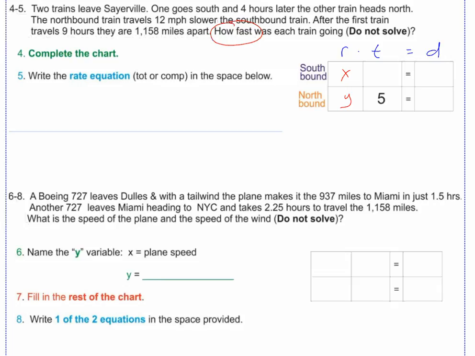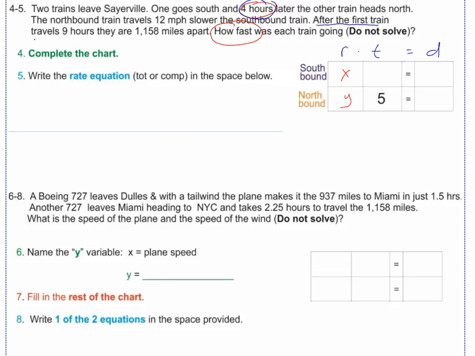Now, I tried to help you out by giving you that 5 in the bottom northbound column. One goes south. That's the first one, right? And 4 hours later, the other heads north. Now skip down. Look at the last part of the second row.